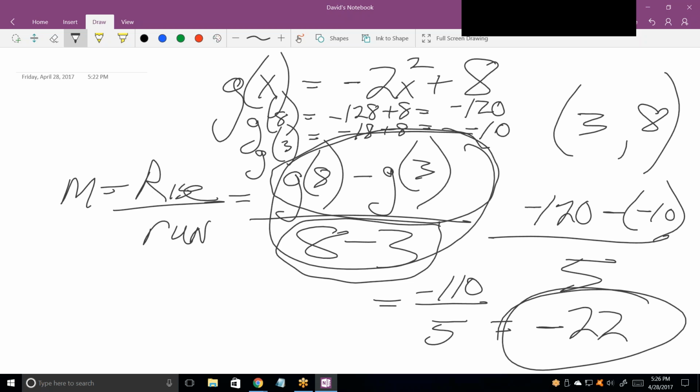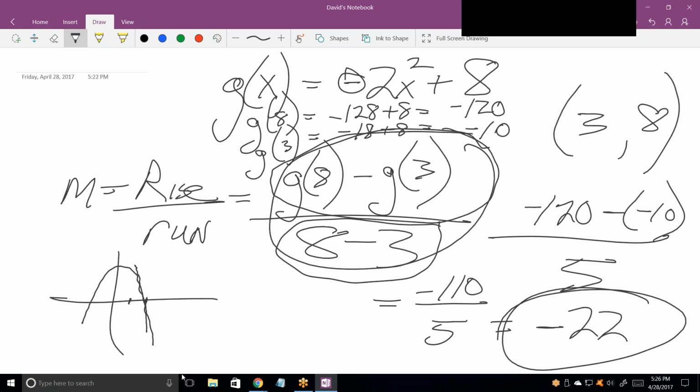Pretty steep slope, but if you think about it, we're looking at a parabola that opens down because it's got a negative in front of the x squared. They want the average rate of change between 3 and 8. Well, that's a pretty steep slope, so negative 22 makes a lot of sense.